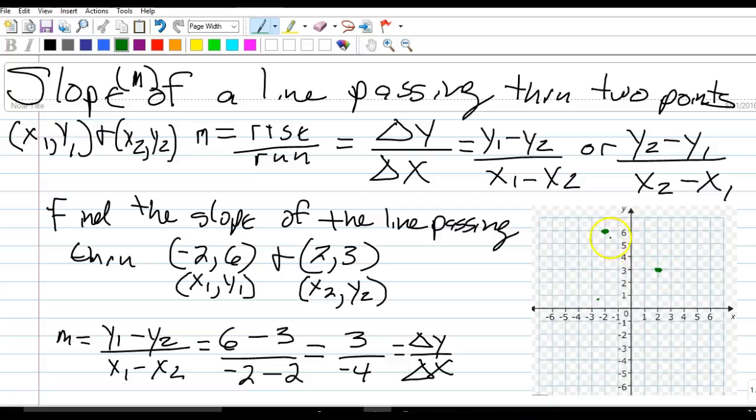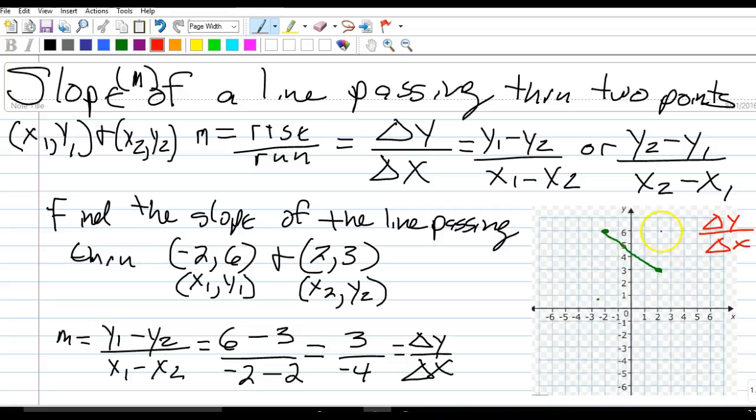So what I'm trying to do here is to compute the slope of the line that passes through those 2 points. The first thing I'm going to do geometrically here, again I'm going to change colors, is I want to compute the change in the y's divided by the change in the x's.